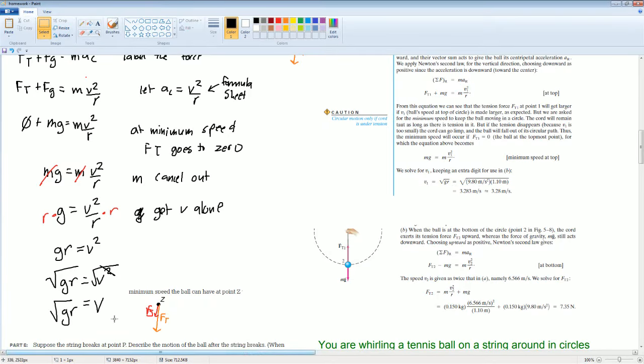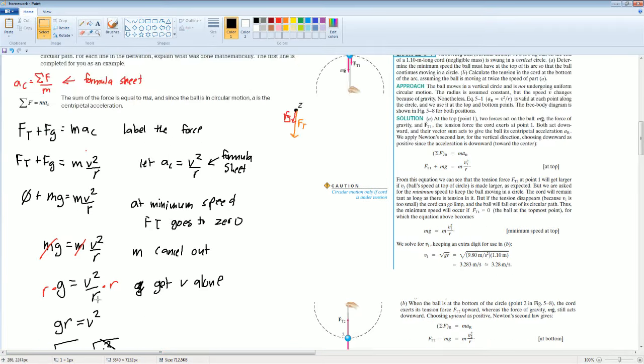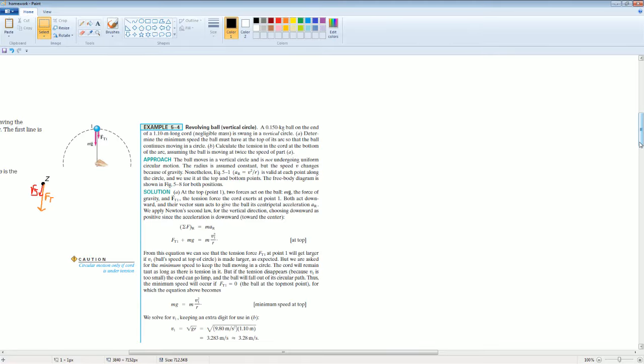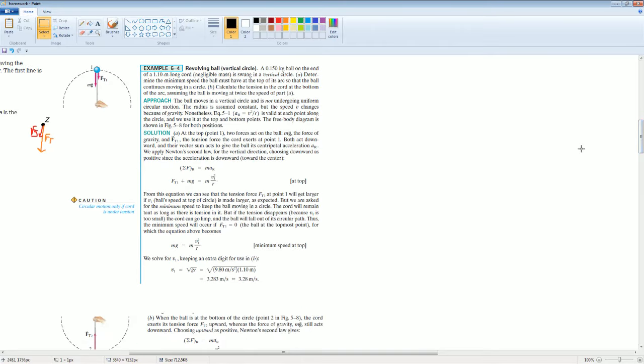If you would like to see how this problem is done mathematically, I have a problem given to you right here. It gives you the mass of the ball and the radius, and it's swung in a circular motion. Part A, the first top part, asks you to determine the minimum speed the ball must have at the top of the arc so that the ball continues to move.